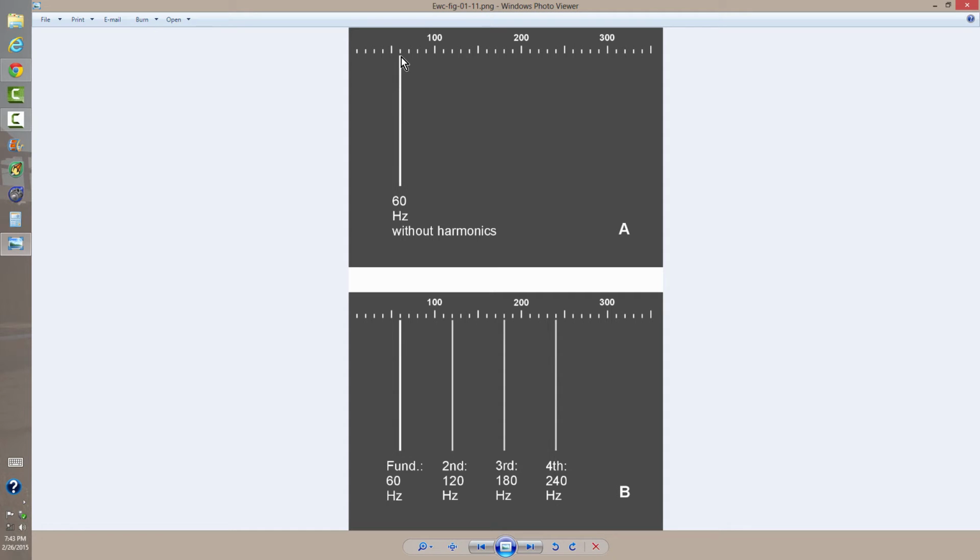Notice 60 hertz right there, and as time passes, this line moves down the screen. If you have harmonics, that is multiples of the 60 hertz fundamental, you will get 60, 120, 180, 240, etc.